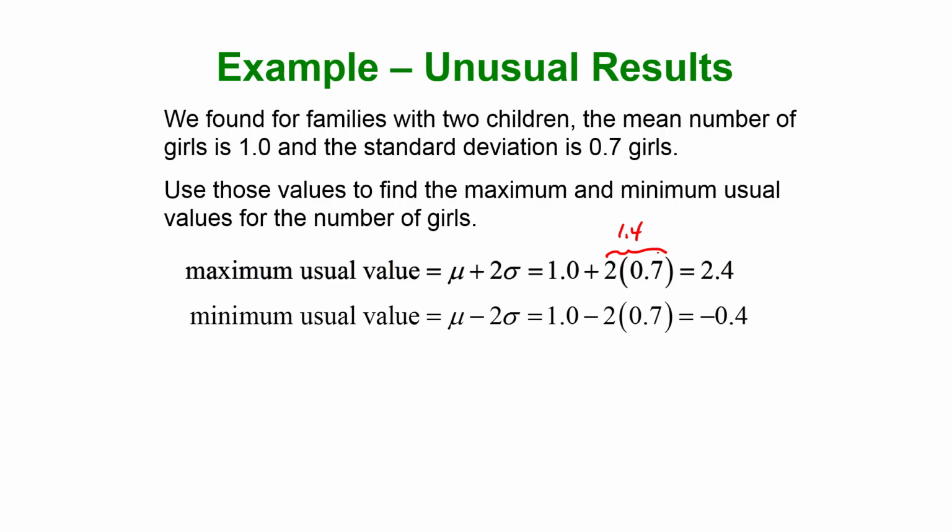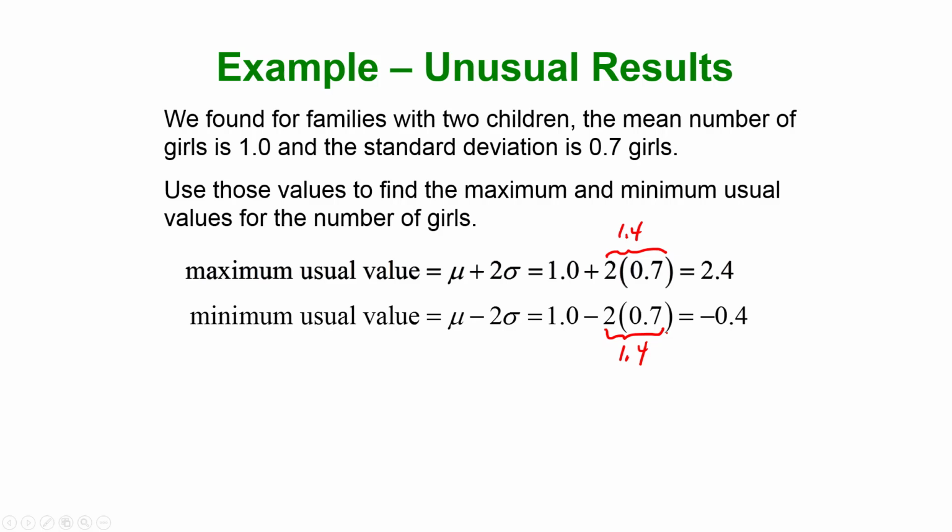So make sure when you're plugging this into your calculator, you do not type in 1 minus 2 and then times 0.7, because you could confuse your calculator. So be careful with how your calculator interprets standard order of operations. So you subtract 1.4, you get negative 0.4.